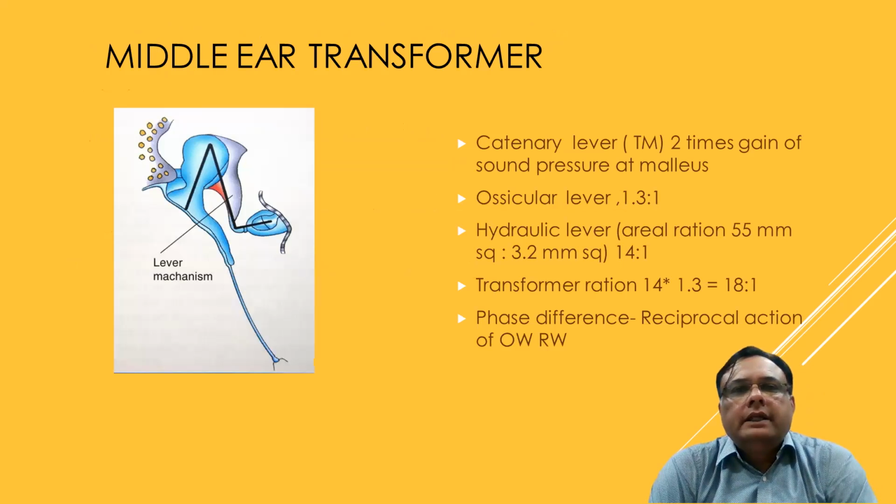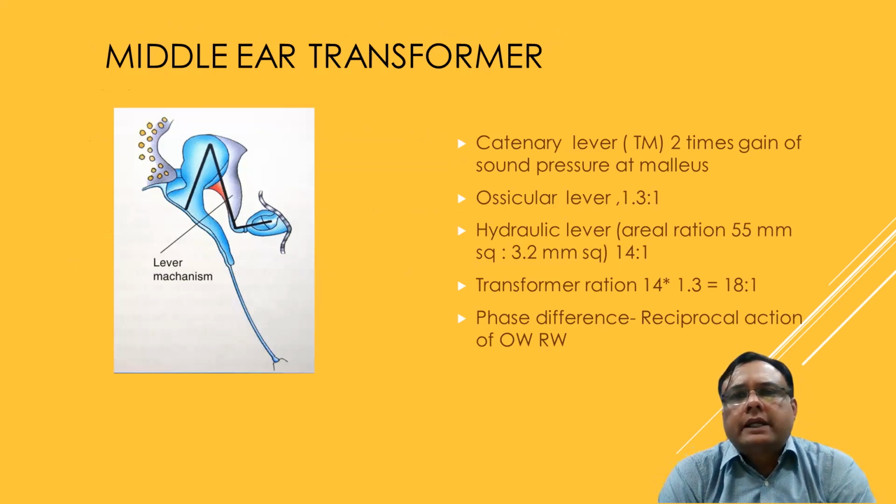So, what is the middle ear transformer? It consists of many ratios. The first is the catenary lever, that is 2 times gain of sound pressure at the malleus. Ossicular lever is 1.3 to 1 times gain. Then the hydraulic lever, that is the areal ratio: 55 mm square of the tympanic membrane as compared to the 3.2 mm square of the stapes footplate.